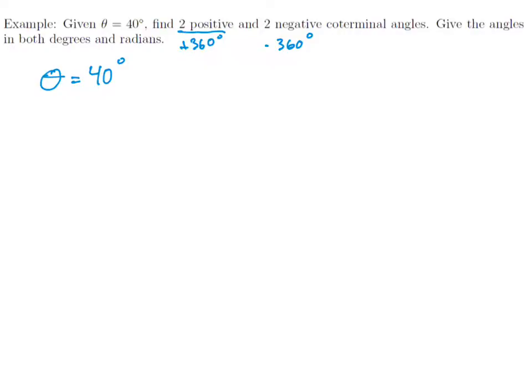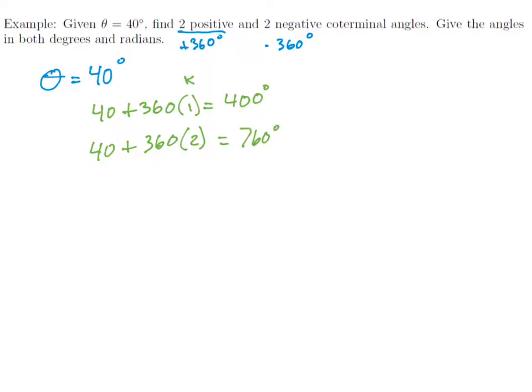So we would say 40 plus 360 times 1, so the k value here is equal to 1. So 360 times 1 is 360 plus 40, so 400 degrees would be one positive coterminal angle. Then 40 degrees plus 360 times a k value of 2. So 2 times 360 is 720 plus 40, that's going to be 760 degrees.